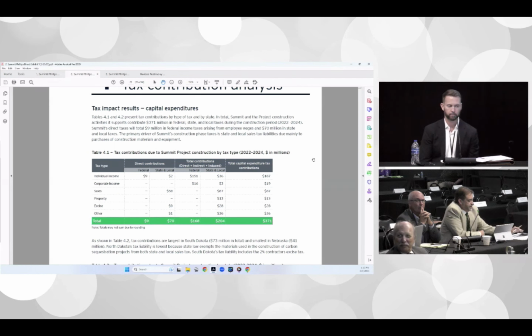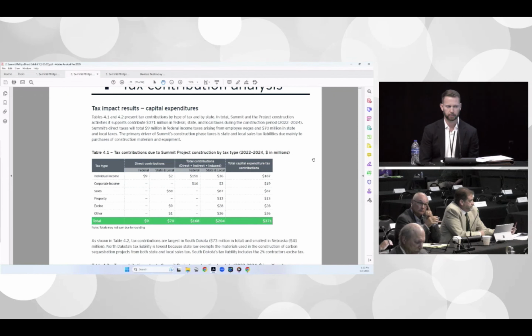Right. And in the federal column, you indicate that the direct federal income taxes contributed by Summit will be $9 million during the period 2022 to 2024. Is that estimate still current? We have slightly revised the tax estimates, although they haven't changed by much.